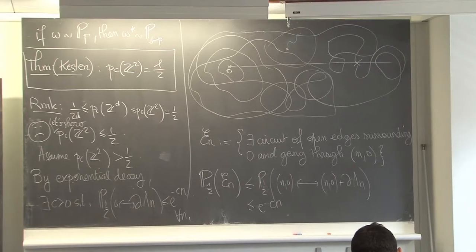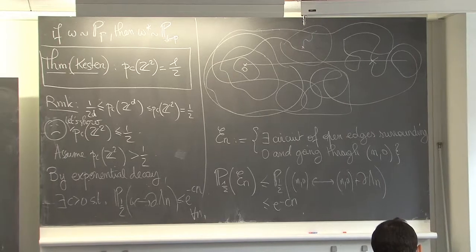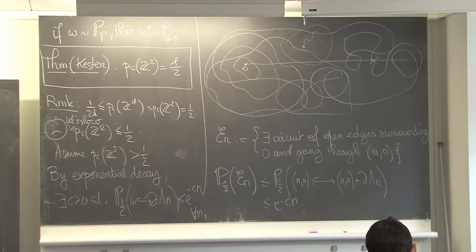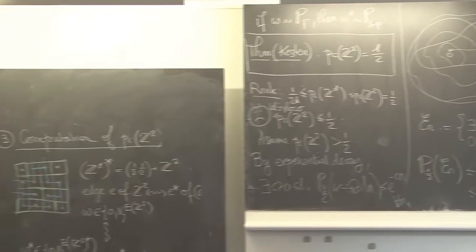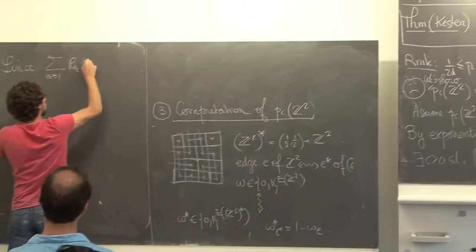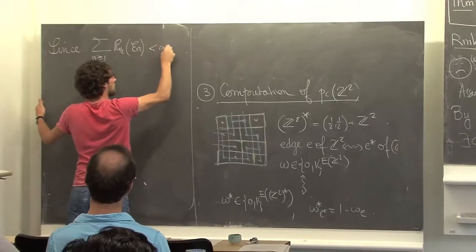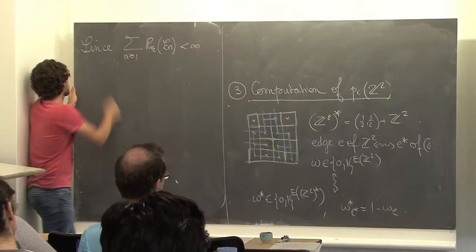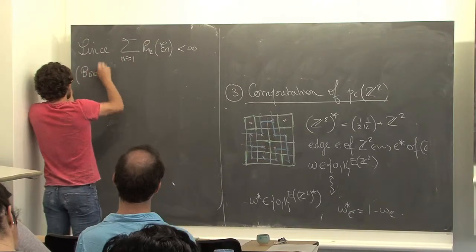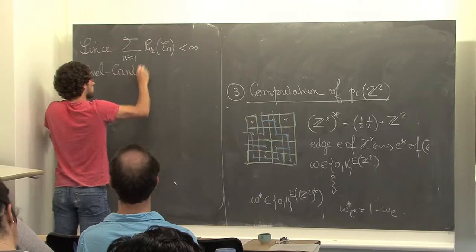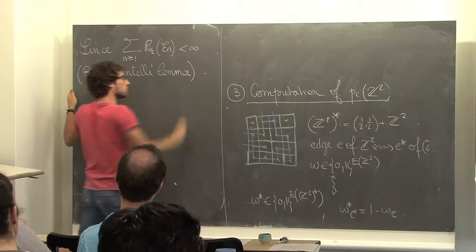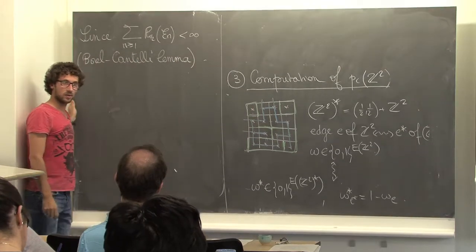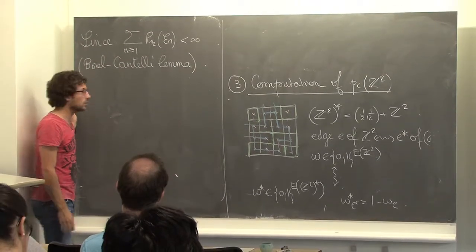But now there is a theorem that tells you the following. Since the sum of the probabilities of E_n is finite, there is a theorem called Borel-Cantelli's lemma. And if you don't know what it is, go on the internet to check it, because we are going to use it very often in probability.